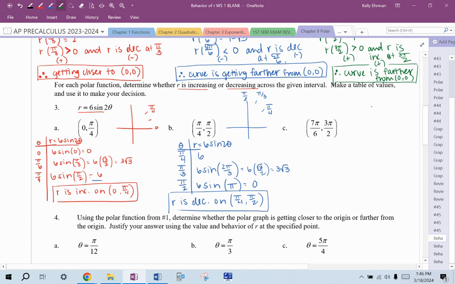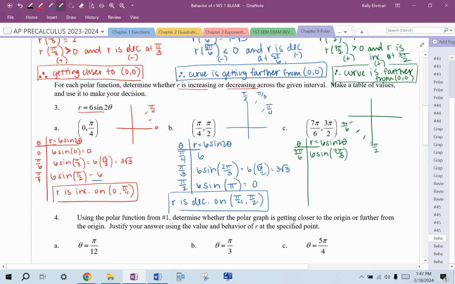All right, this section here, 7 pi over 6 to 3 pi over 2. So there's the pi over 4 and the pi over 3 angle to plug in there. So theta is going into r equals 6 sine of 2 theta. Start at 7 pi over 6. Now I didn't plug that in from the previous section, so I have to do the math. That's 6 times the sine of 2 times 7 pi over 6, so 7 pi over 3.